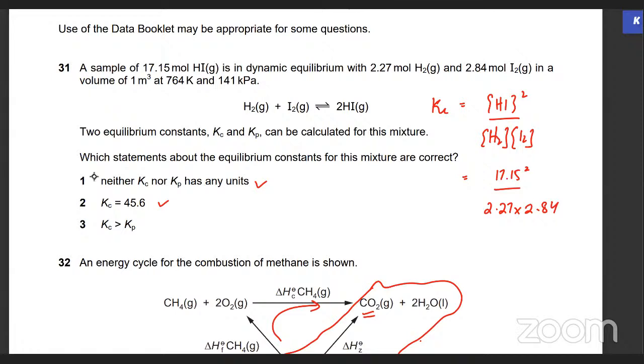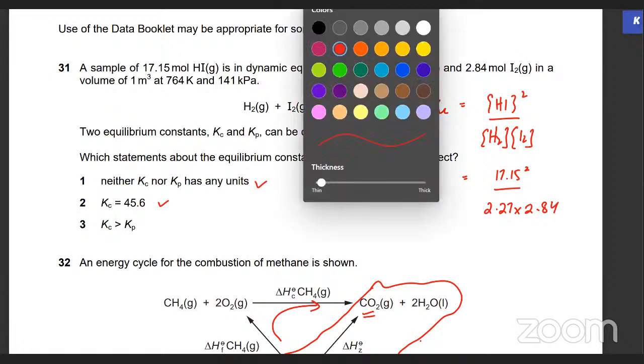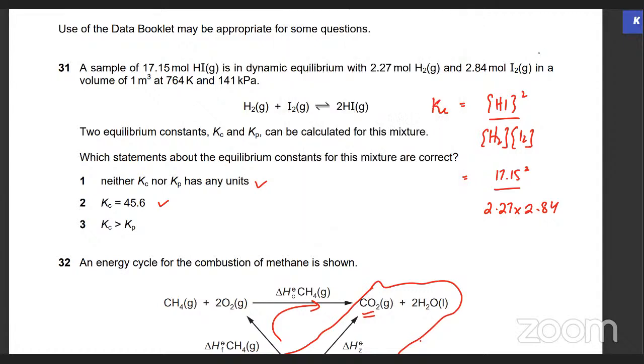Remember this: when it doesn't have any units, you can directly use moles. Either you're calculating Kc or Kp, you don't need to calculate concentration. Why? Because it's divide by volume, divide by volume, divide by volume, so the volume terms will get cancelled out.